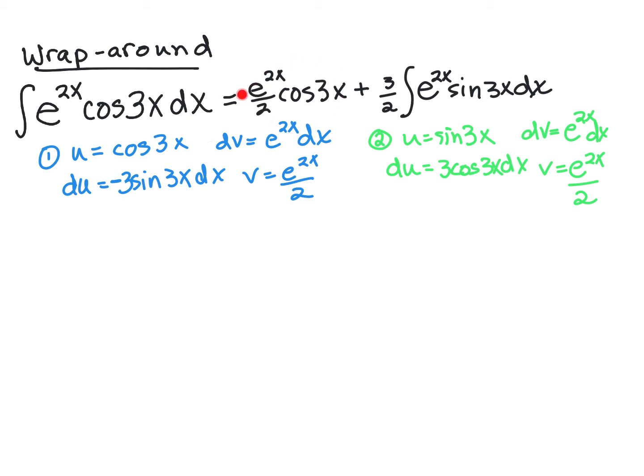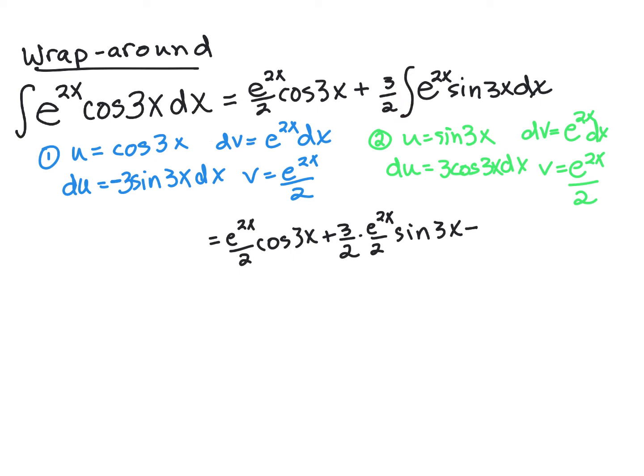This gets copied, and then the 3 halves multiplies the uv minus the integral of v du that comes next. So copy this, plus 3/2 bracket. Okay, obviously I didn't do a bracket.